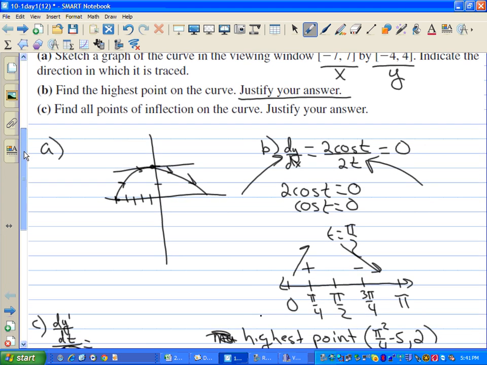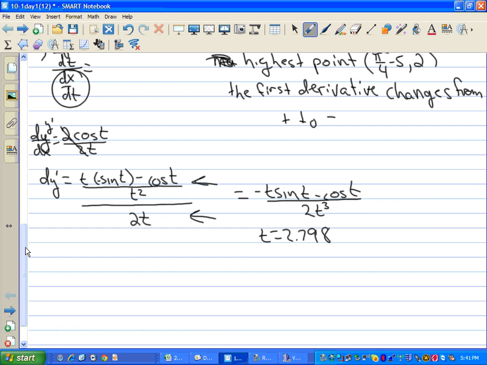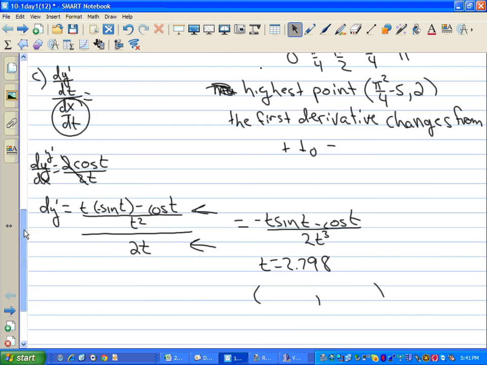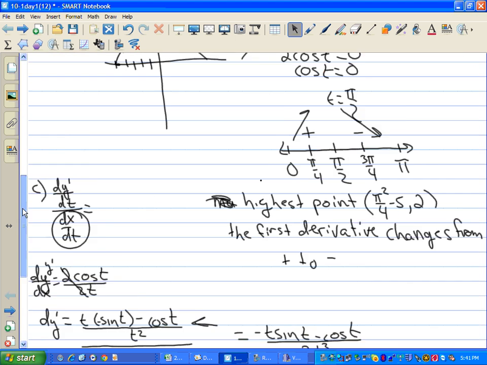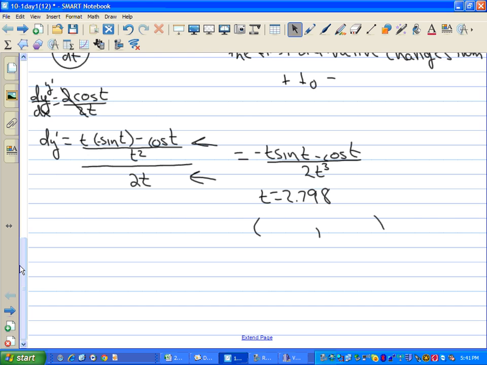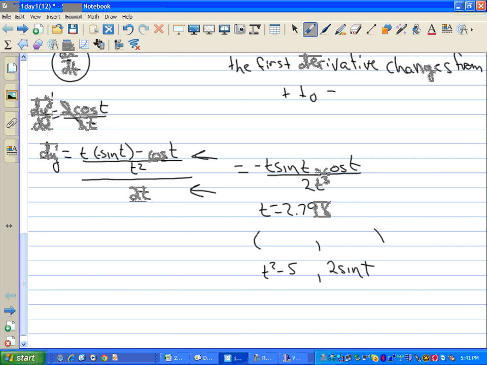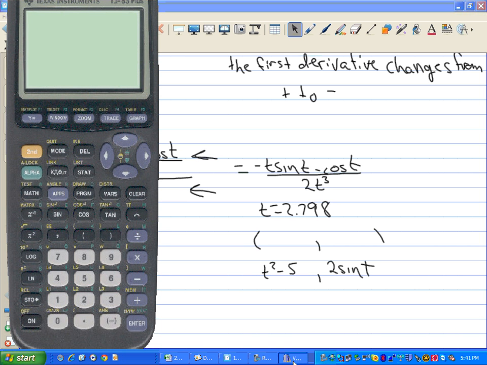But it says find all points of inflection, so now I have to put 2.798 into the x and the y. Let me remind myself what the functions are: t squared minus 5, and 2 sine of t. With our calculator, I'll take 2.798 and square that minus 5.